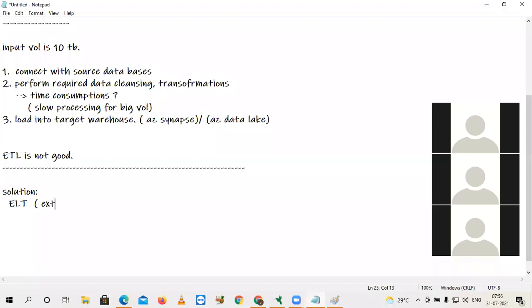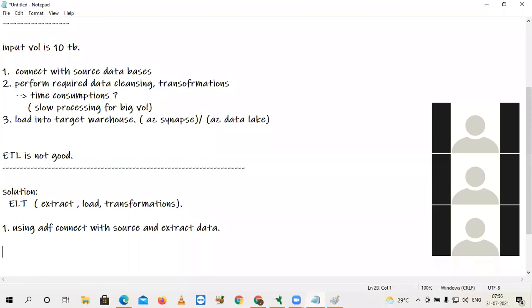Extract, load without performing any transformations. As it is, I will load into my target systems first. Extract and then load, and then finally I perform the transformations. So in this scenario, observe: number one, using ADF, connect with the source and extract data.